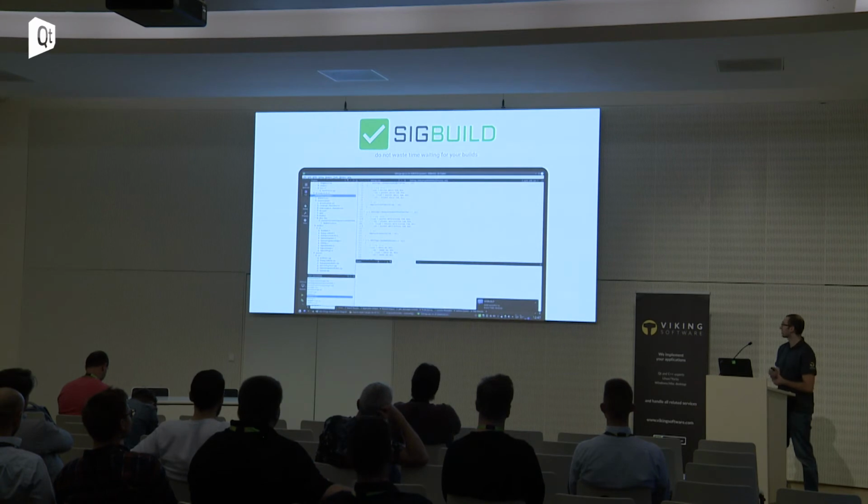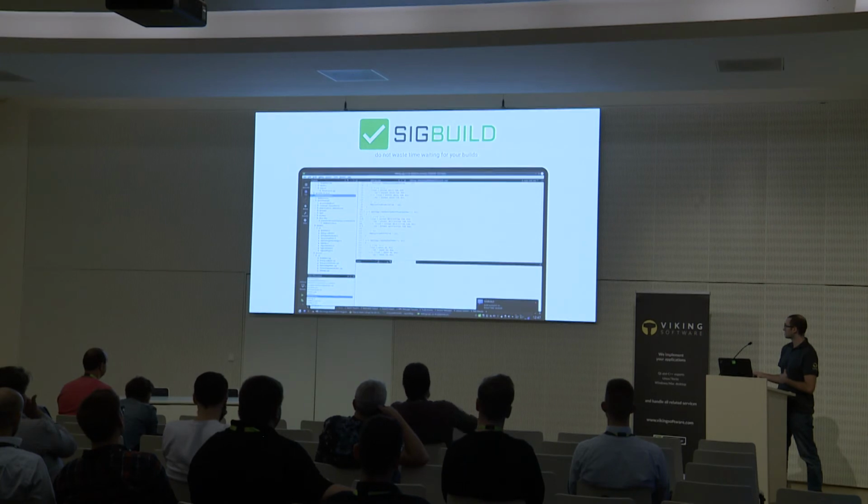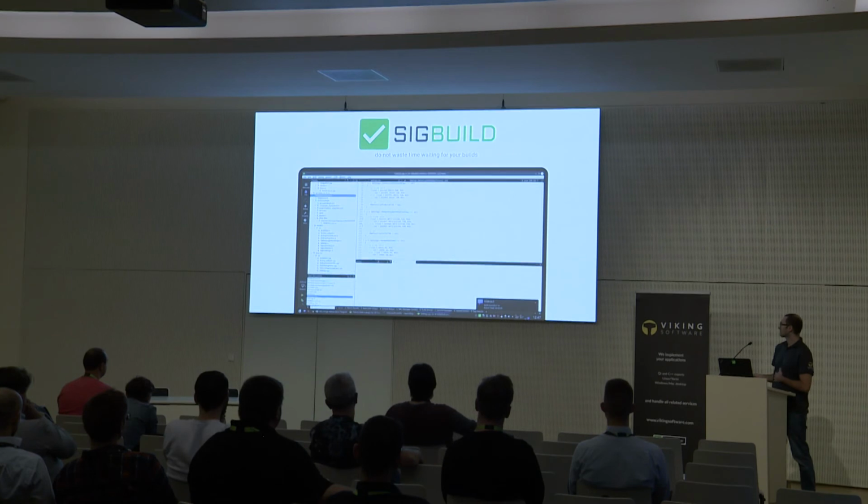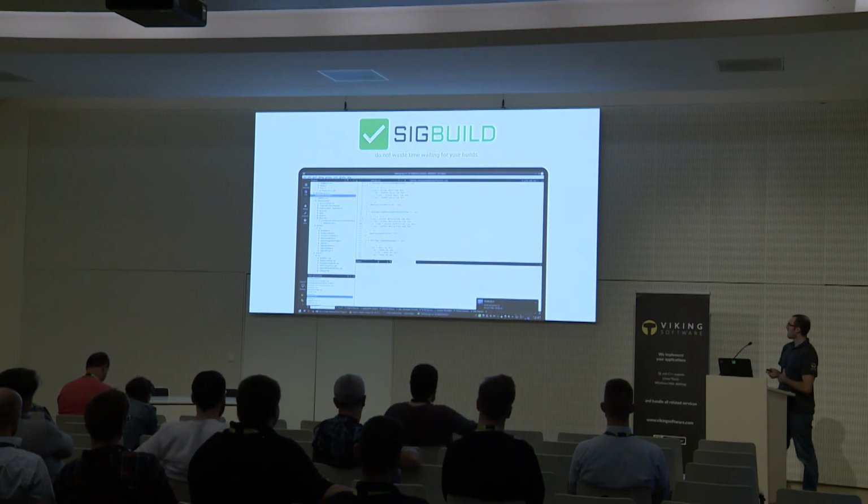So I created SIGBUILD, and as you can see, SIGBUILD stays here in the sys tray. There's a small icon there that you can open with a menu. When a build is done, you get a sys tray notification, and you also get a sound. You also get a different sound and a different icon according to what's going on.